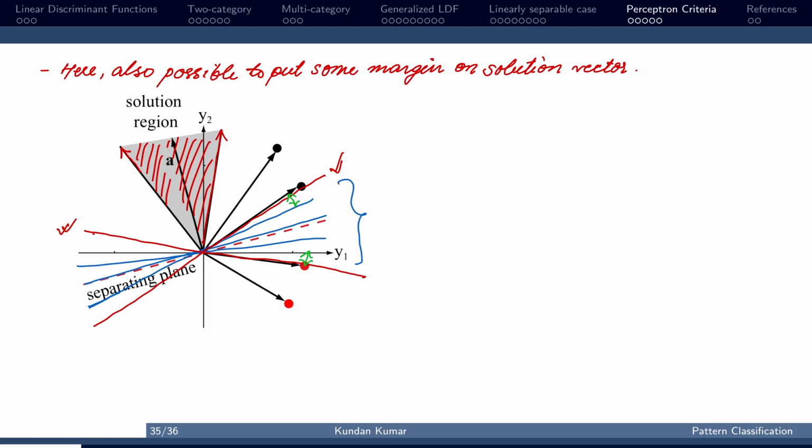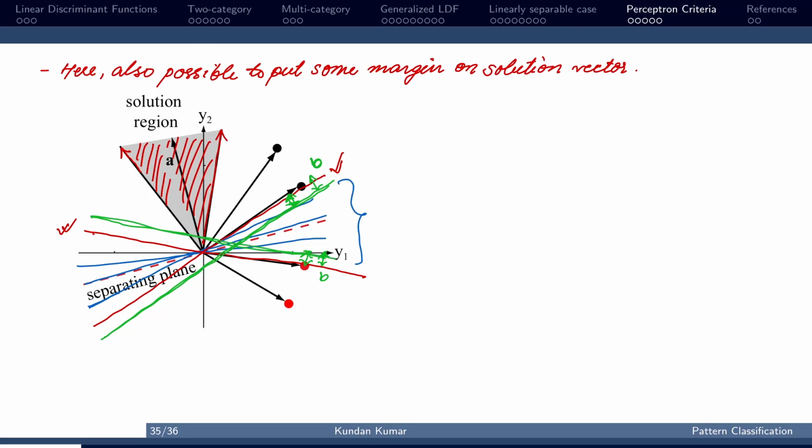Okay, so suppose in this case we are considering this amount of safety, then we will have a decision boundary something like this, because we have the b amount of safety, the margin that we have considered. On this side also, if we consider b, our decision boundary will be something like this.